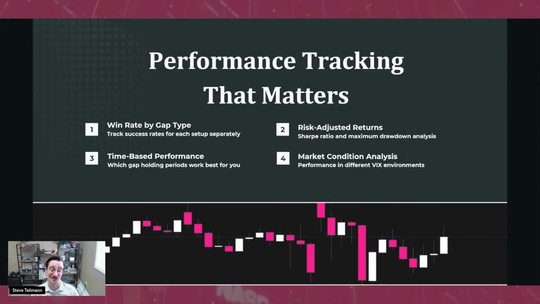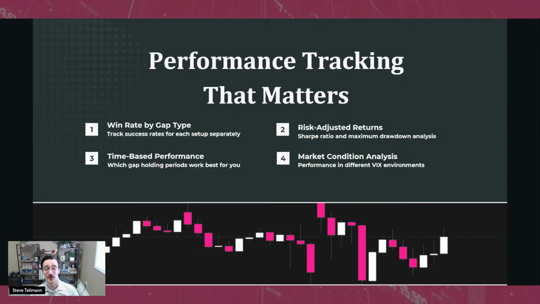I started tracking things like the win rate by gap type. So you can start looking at your stocks, and you can even whip up an Excel spreadsheet and say, okay, I'm putting in these stocks, and then you can have it automatically track what they do after. So you can look back and say, okay, in my gap fill basket, how many of these filled? Oh, look at that. They got a percentage. My gap extension plays, how many of those continued on?